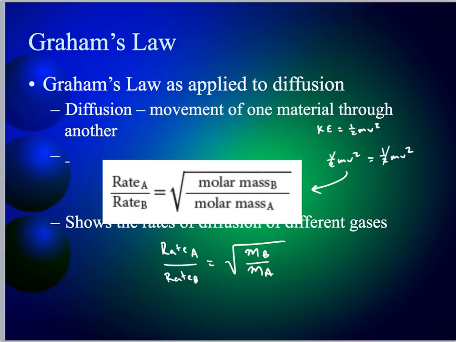What this does is it gives us relative rates. Maybe the question would give us an exact number, but what it does is tell us relative rates. How much faster is one gas moving compared to another? It's not going to necessarily give you an exact number unless the problem gives you an exact rate. This is just going to give us a relationship of how much faster A is than B or how much faster B is than A. That's what this does.